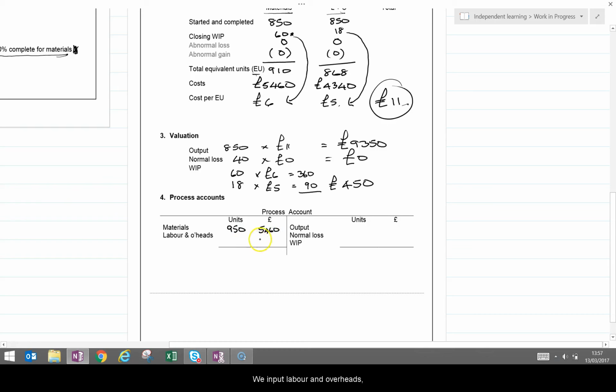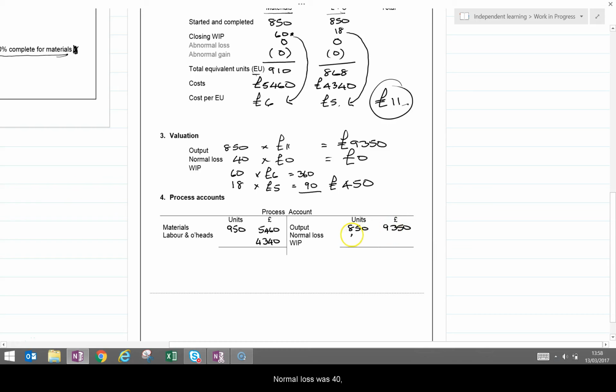We input labour and overheads, which was 4340. Our output was 850 units, which we now know has a value of 9350.